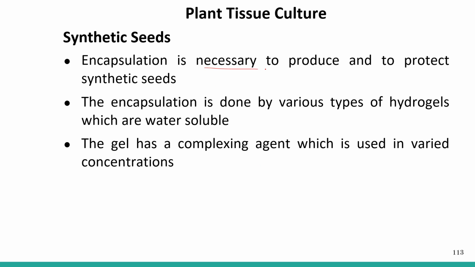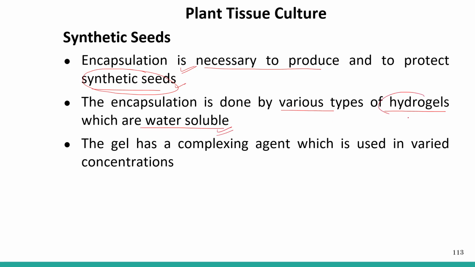Encapsulation is necessary to produce and to protect the synthetic seeds. So this somatic embryo, when encapsulated, is called a synthetic seed. The encapsulation is done by various types of hydrogels which are water soluble.